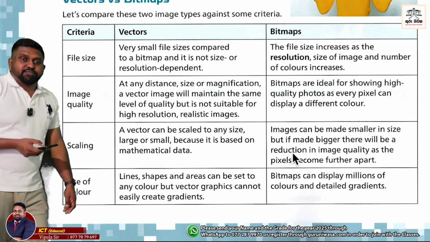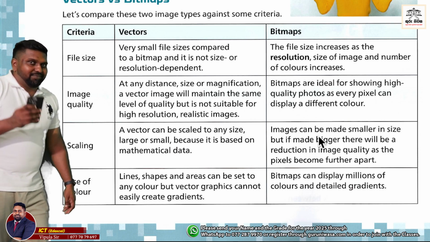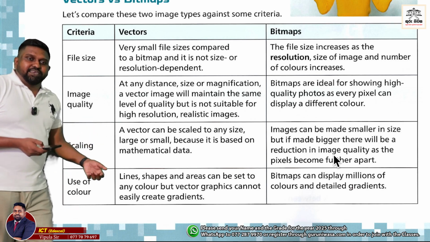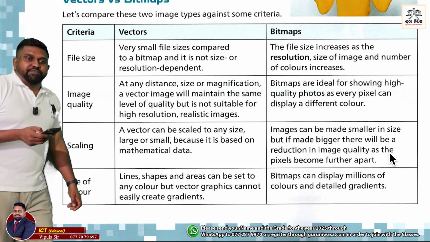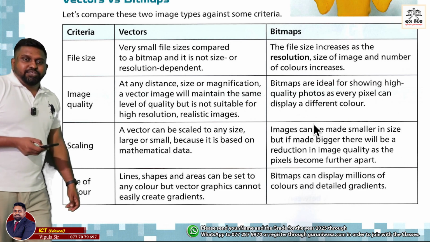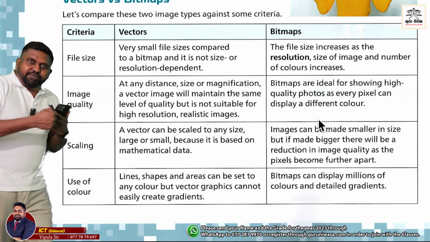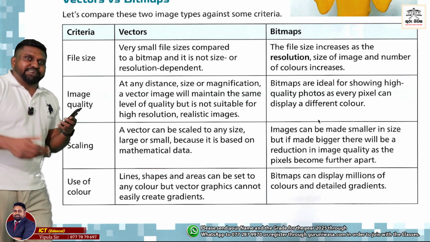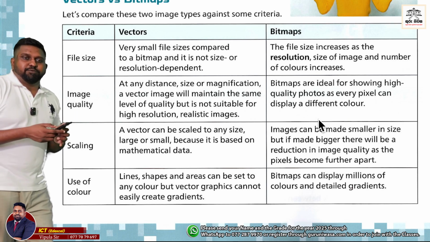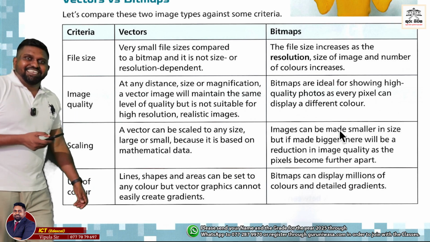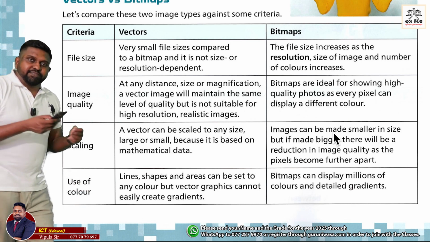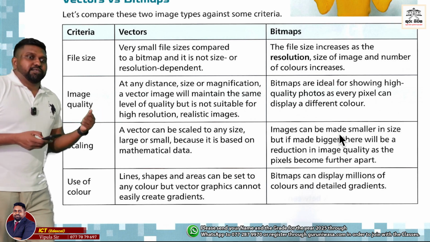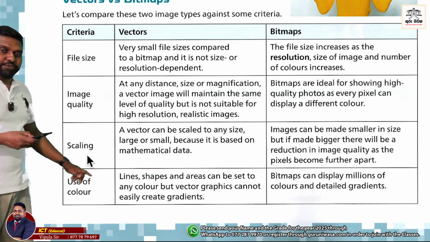But images can be made smaller in size, but if you try to drag it and enlarge it or expand the size, then there will be a reduction in the image quality, because there's a certain extent where you can pull those pixels up to, and once you pass a certain range of pulling those pixels, then it's going to fall apart. Okay, and then it will basically pull the pixels together, so the quality will automatically go down.